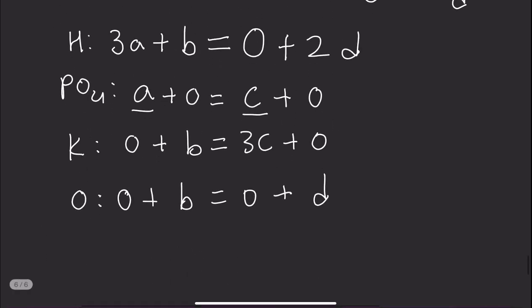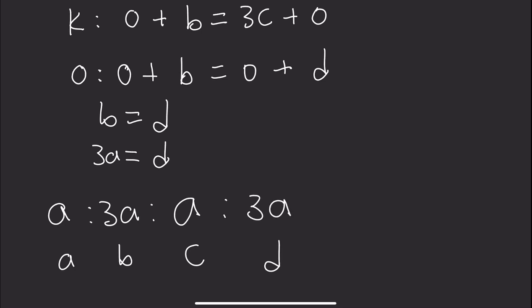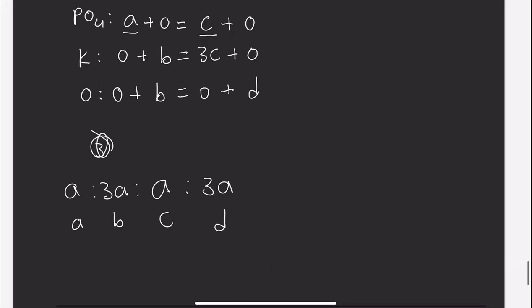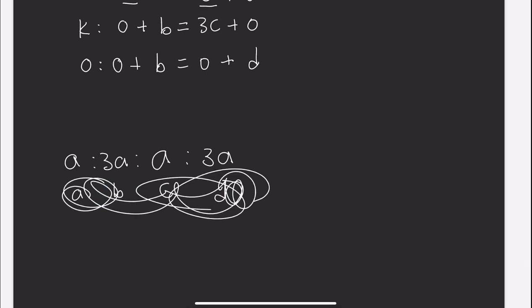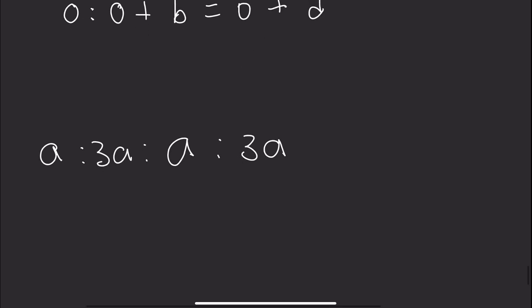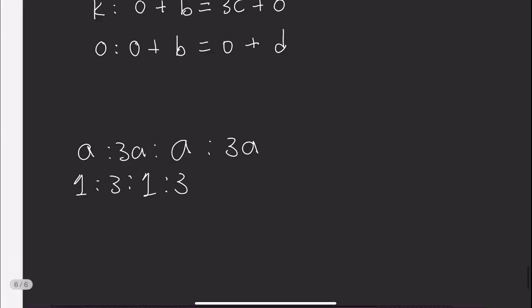And lastly, since it says B equals D, and B equals 3A, and 3A equals D, in place of D, we place 3A. Now magically, these will be the ratios of the coefficients: 1, 3, 1, 3.